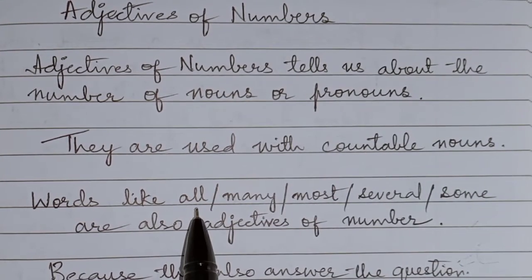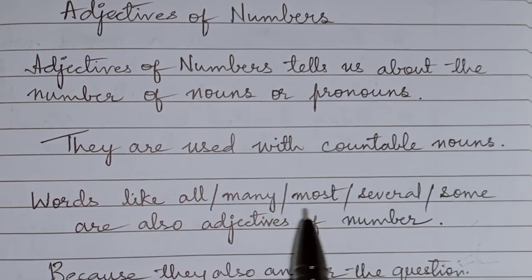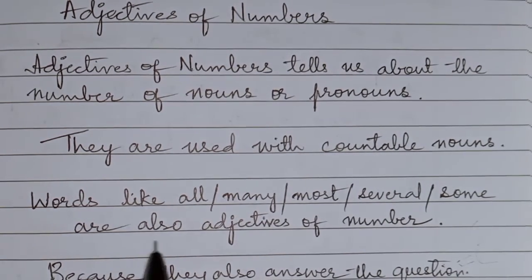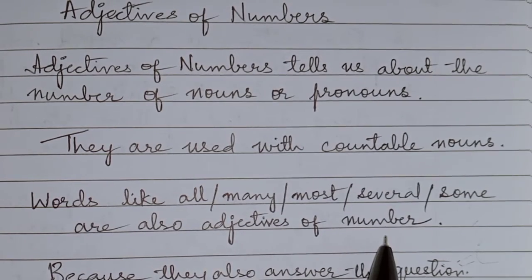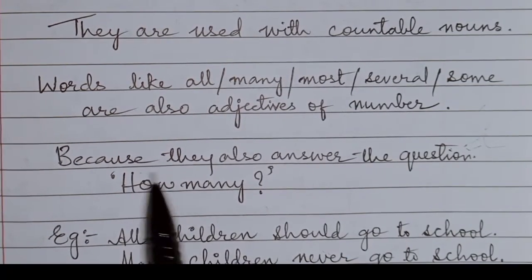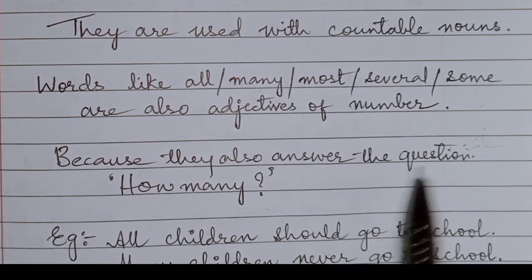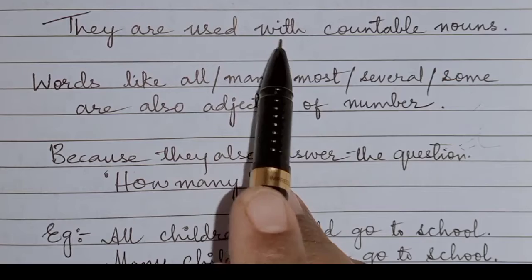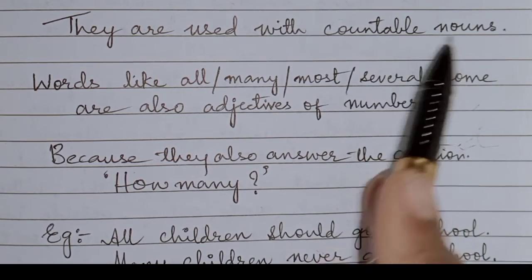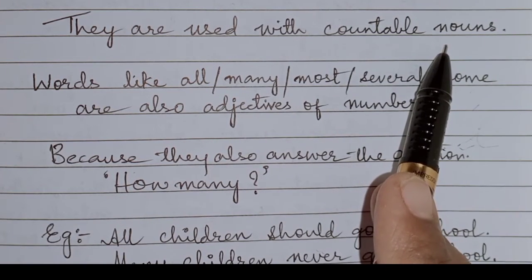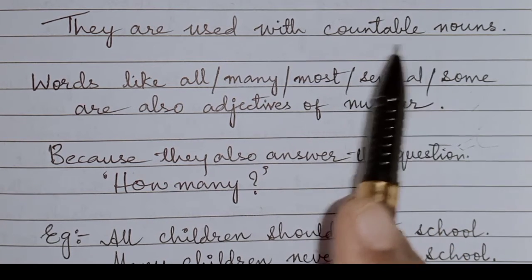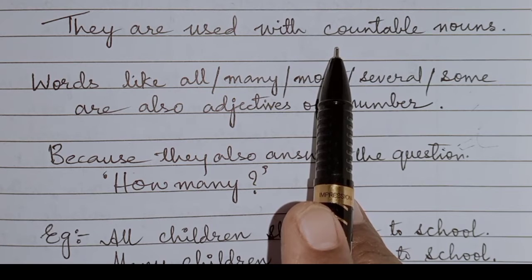Words like all, many, most, several, some are also adjectives of number because they also answer the question how many. What are countable nouns? Countable nouns are those which are counted with a number.